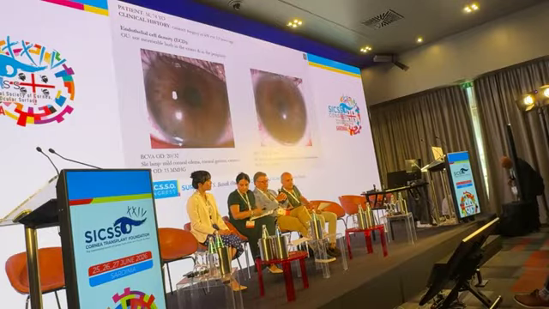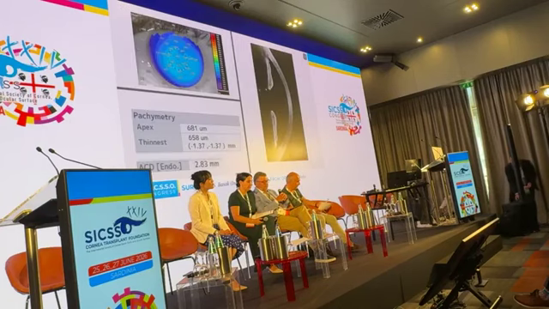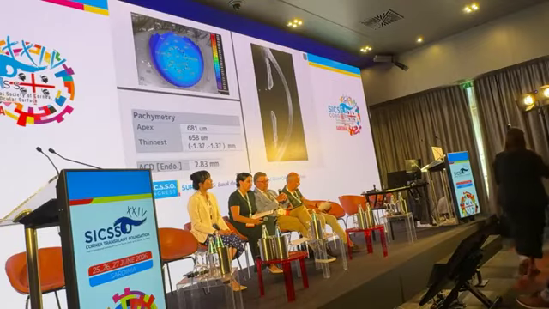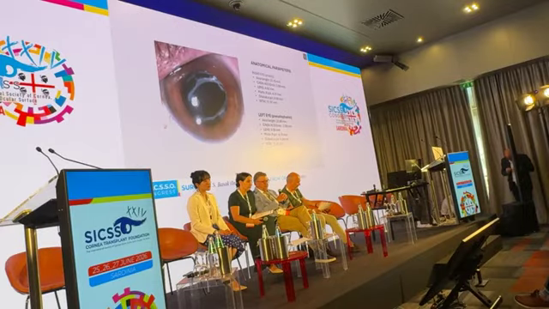Visual acuity in the left eye is 20/100 with a good intraocular pressure. You can see that there is the edema in the cornea, and the pachymetry measured a corneal thickness of 681 micron with an anterior chamber depth of 2.83 millimeter.